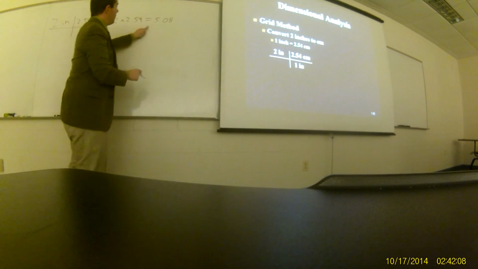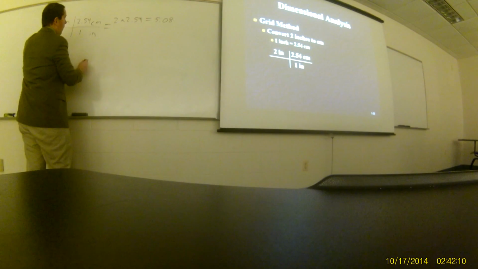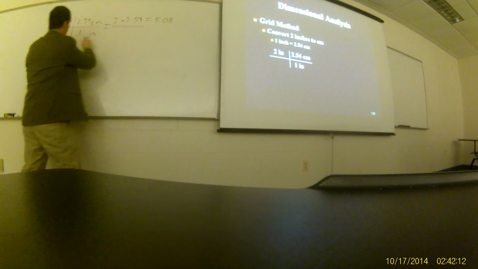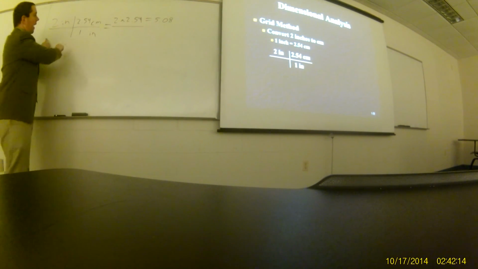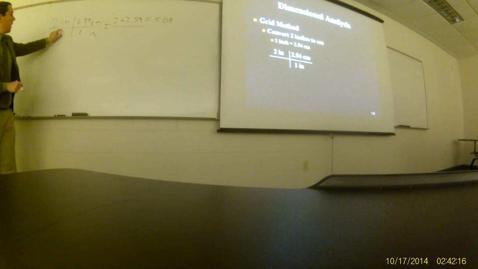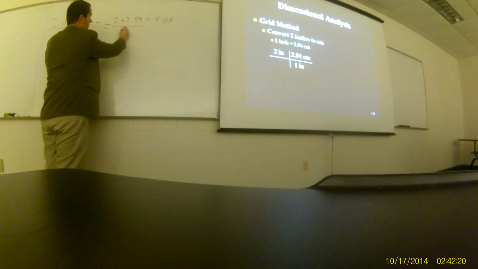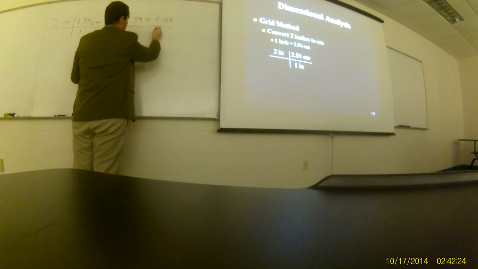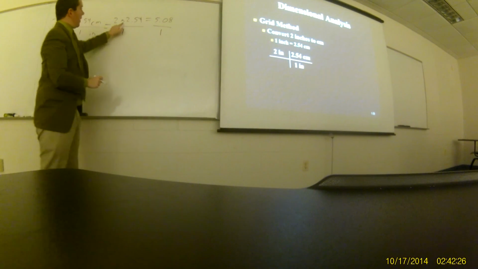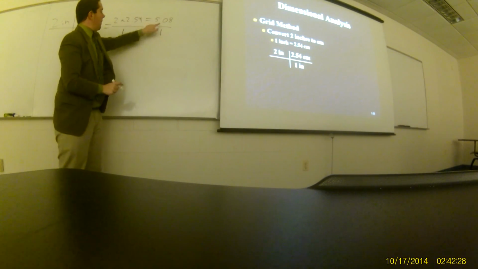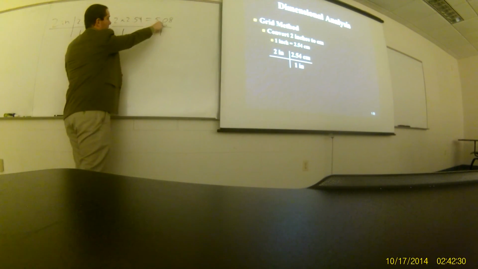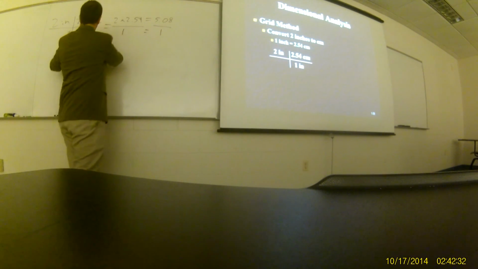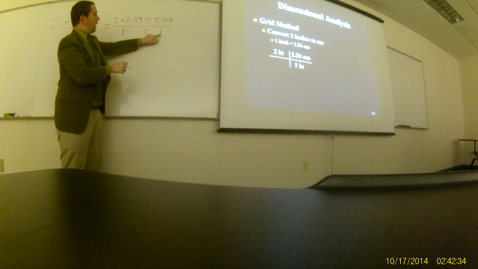So the top is 5.08. Now we do the same on the bottom, but we only have one number. This box here will always be empty. We only have one number, and so it's 1. We did that math. 1 times nothing equals 1.